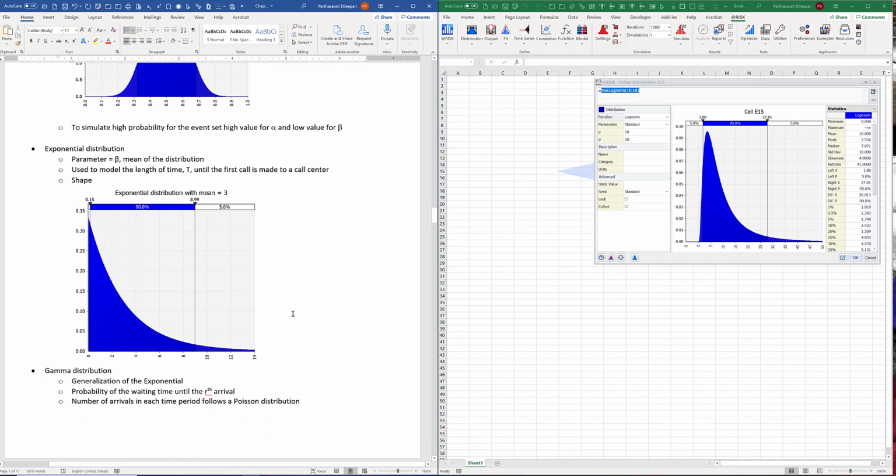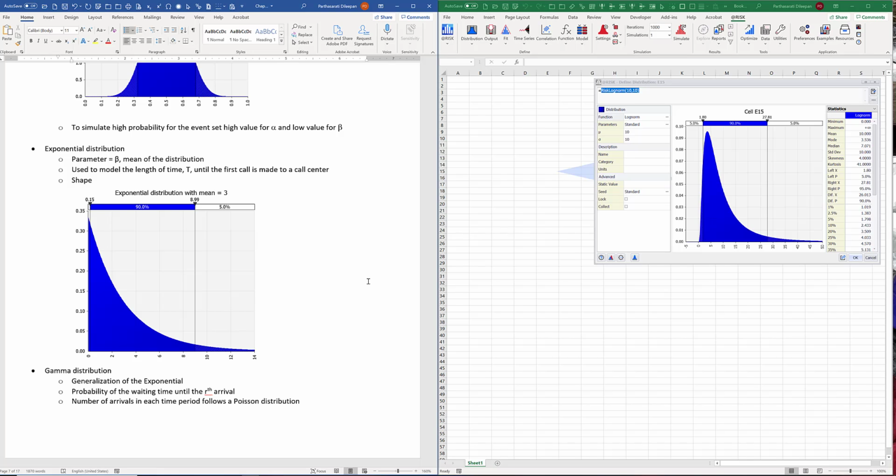Now, the exponential distribution has a parameter of beta, which is the mean of the distribution, and it is usually paired with the Poisson distribution in the discrete case. The Poisson distribution is for a given time slice, how many successes will occur, right? So that's your Poisson.